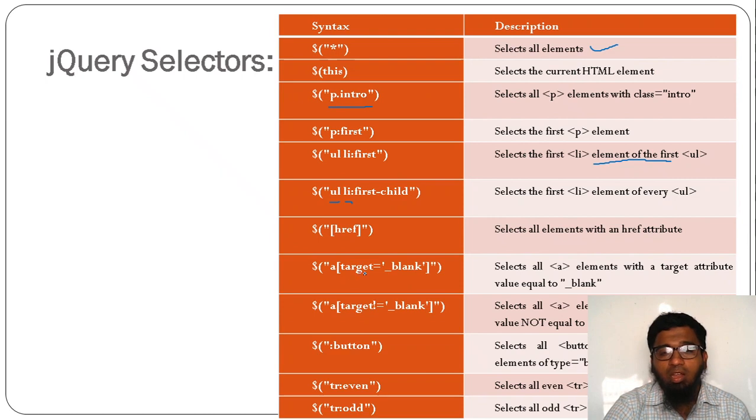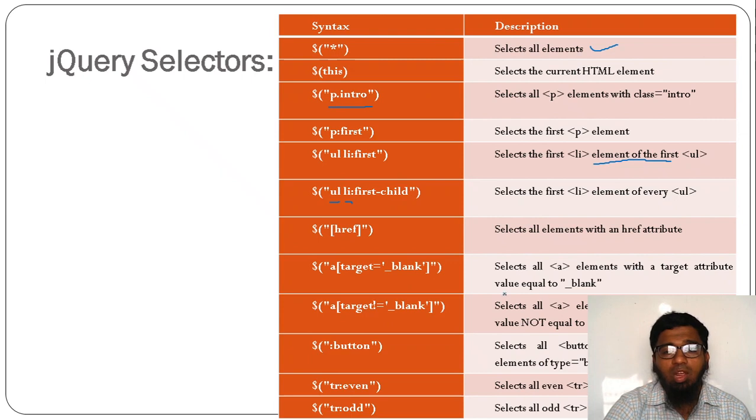$("a[target='_blank']"). What is the use of this? Whenever you click any kind of links, that will open in the new window. If you write like this, it will open in the new window. That is, select all a elements with the target attribute equal to _blank.